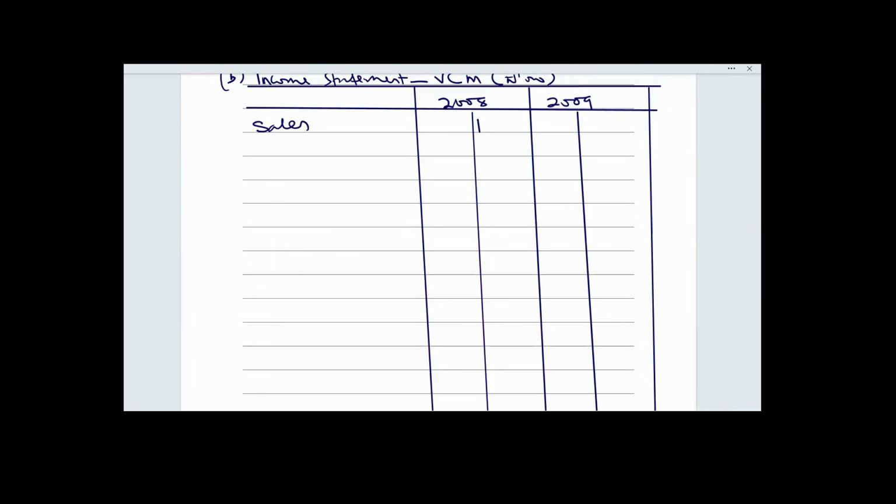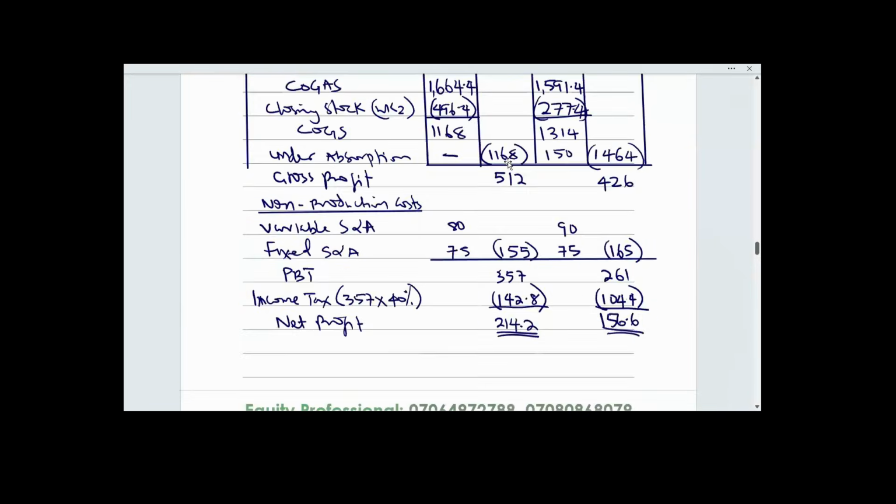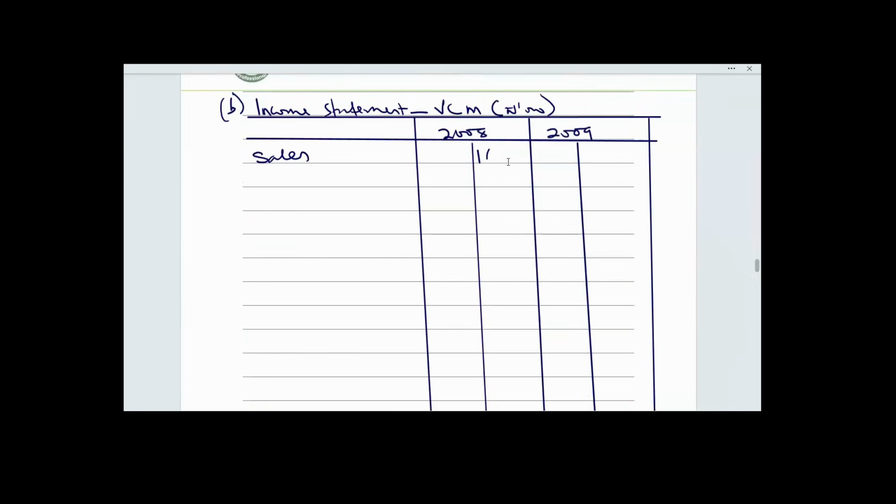What do we have as our sales again? 1680, yeah. 1680, then 1890.